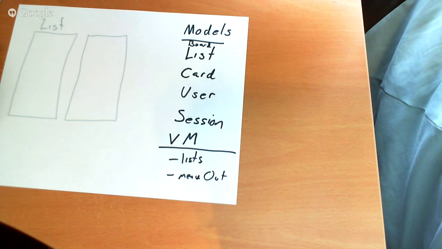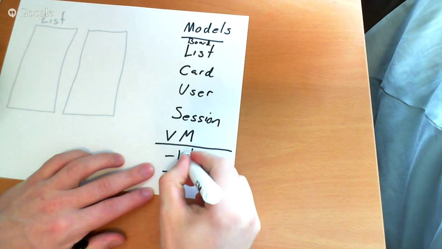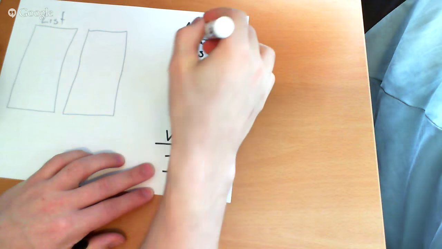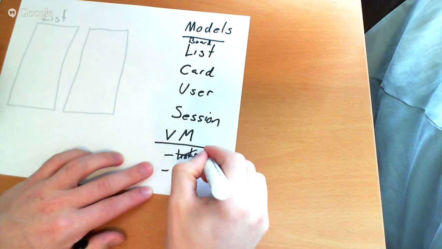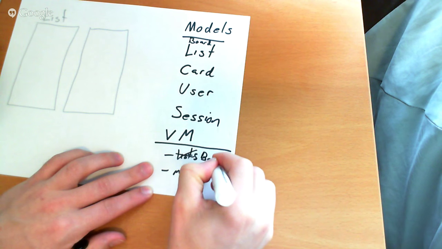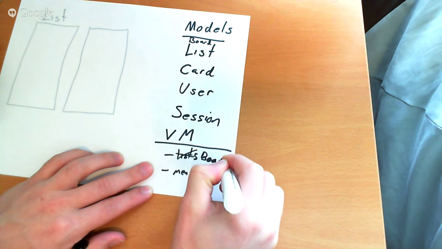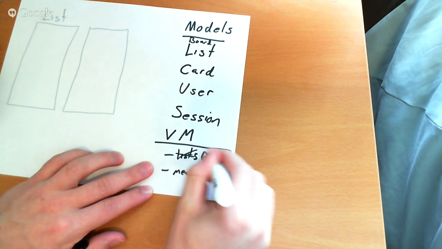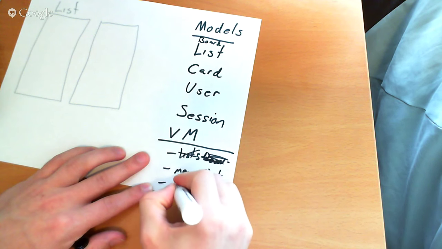Okay, so most of the stuff is model based here, and the view model wouldn't have the lists really. I think it would really have the board. This actually reminds me a lot of the board that you have. Let me cross that out. Make board.